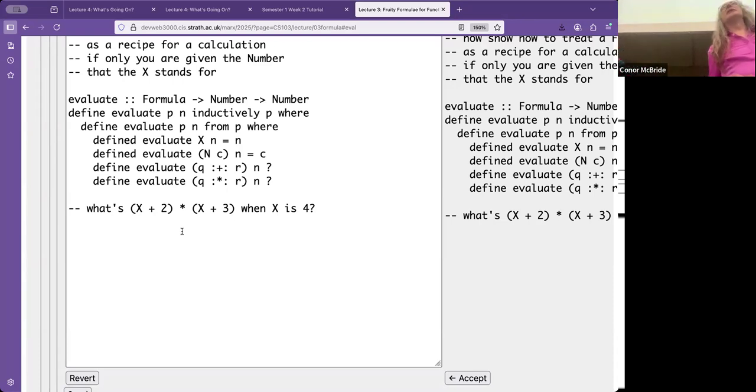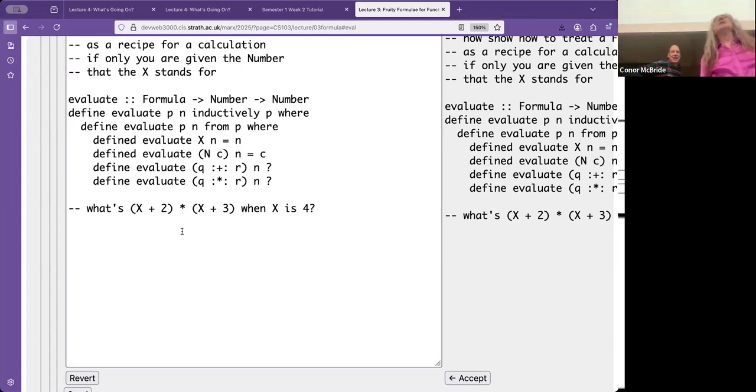There's really only one thing you can do that's vaguely sensible. The formula says something plus something. So what you're going to end up doing is substituting the number into both pieces, evaluating them separately, and then adding the answers.